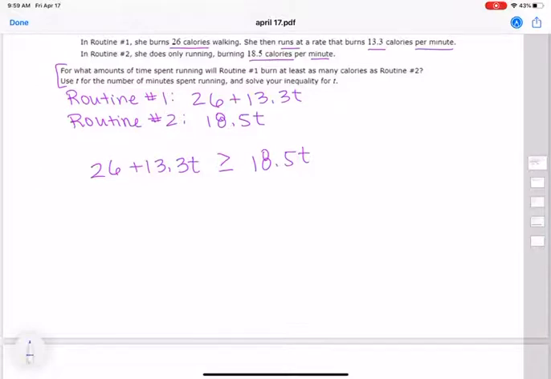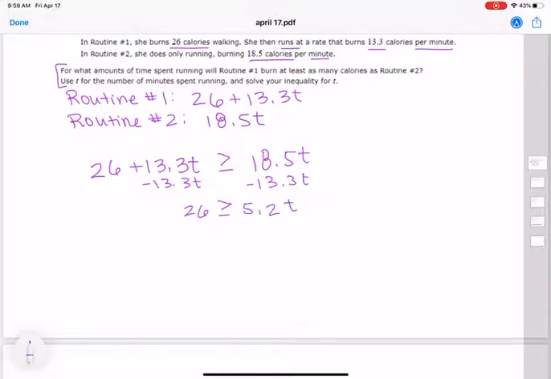The first thing I will do is subtract 13.3T from both sides. When I do that, I have 26 is greater than or equal to 5.2T.